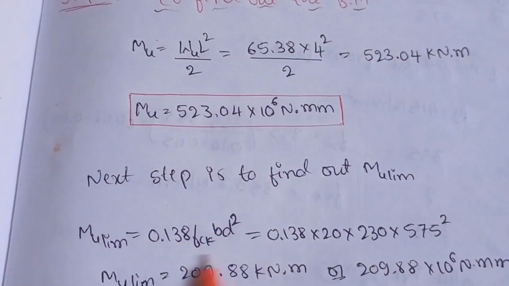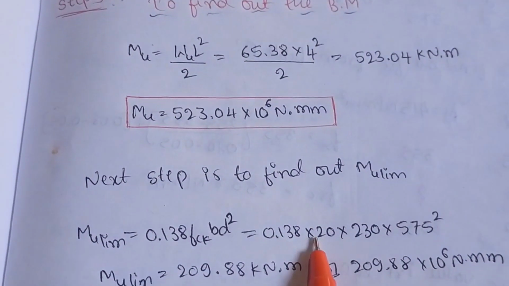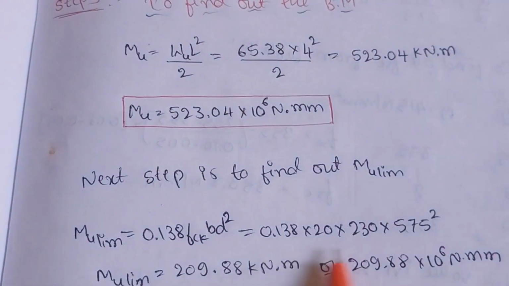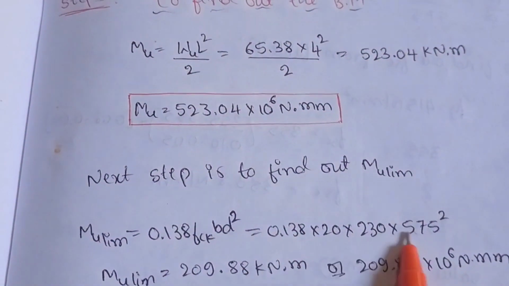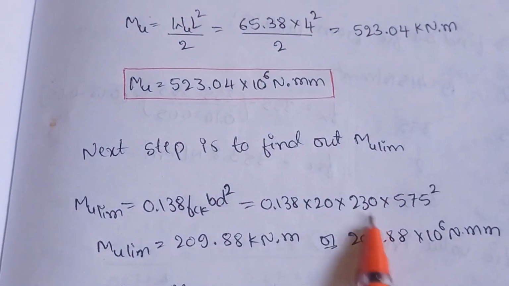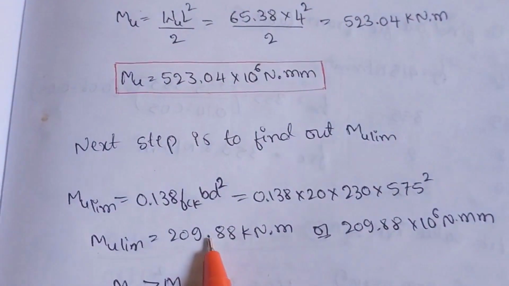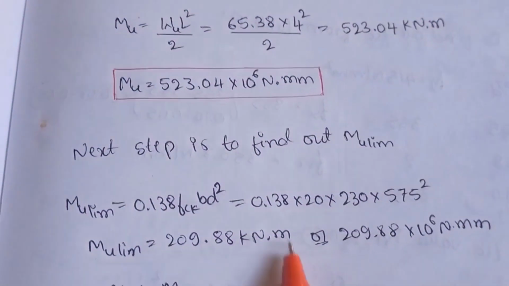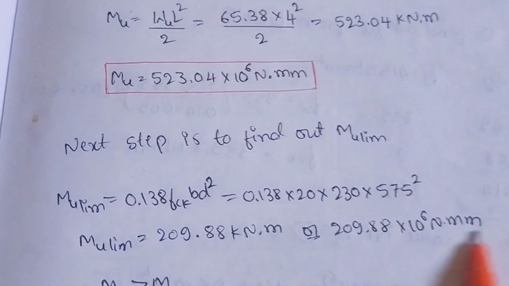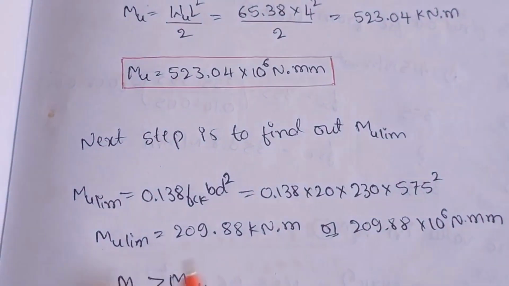So substitute all the values. 0.138, our FCK given is 20, our B value is 230 and D is 575. After simplifying, we'll get our Mu limit value as 209.88 kilonewton meter. In terms of Newton mm, 209.88 into 10 to the power of 6 Newton mm.